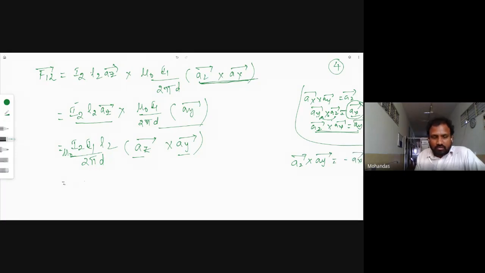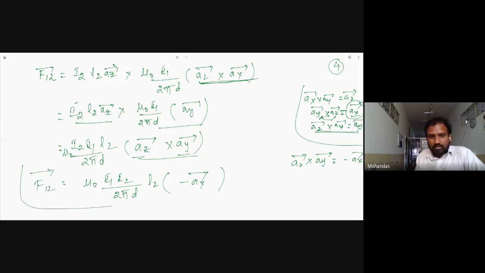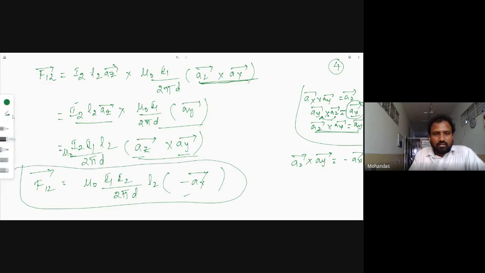So which is equal to mu naught into I1 I2 by 2 pi d into L2. So this resultant will be minus AX. This is the force F12. What does this minus AX indicate? Anybody can tell me, what is this minus AX?